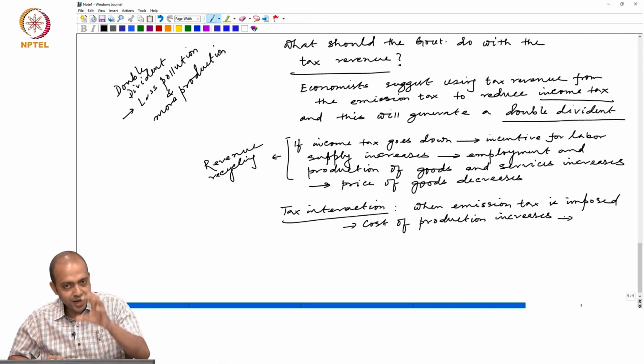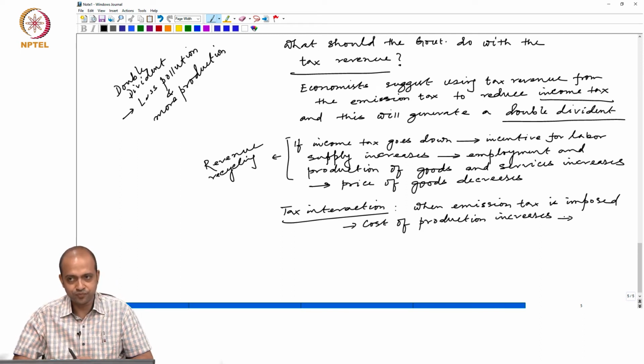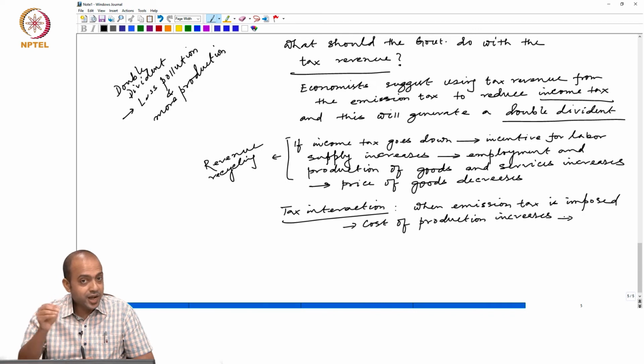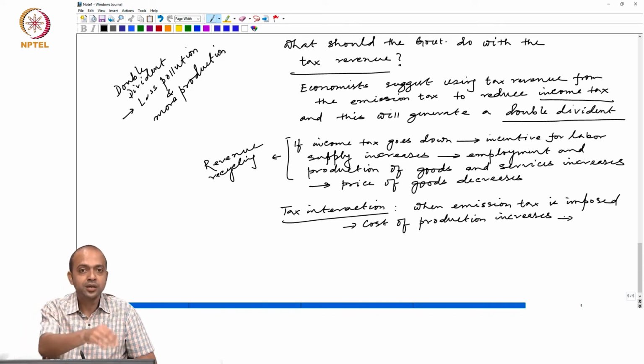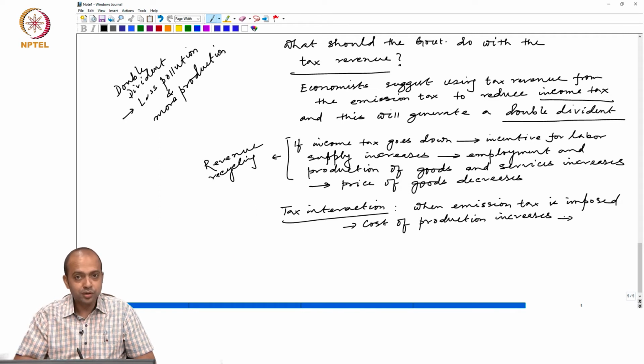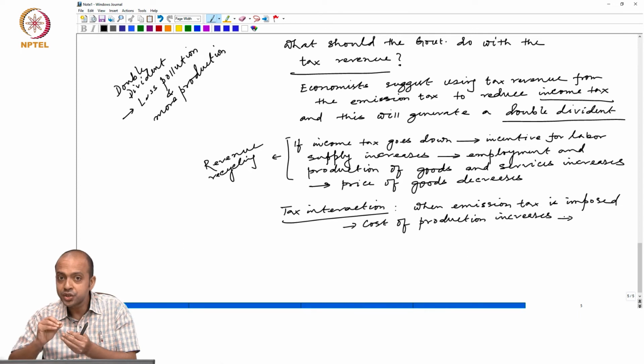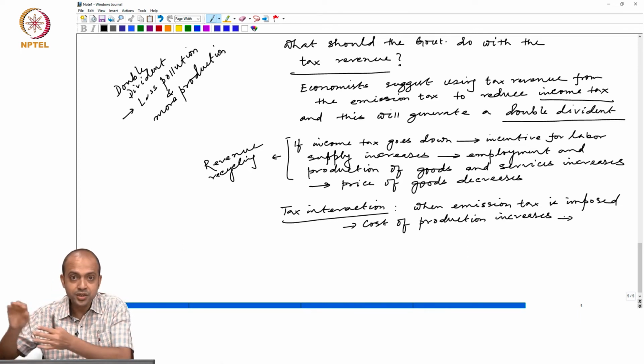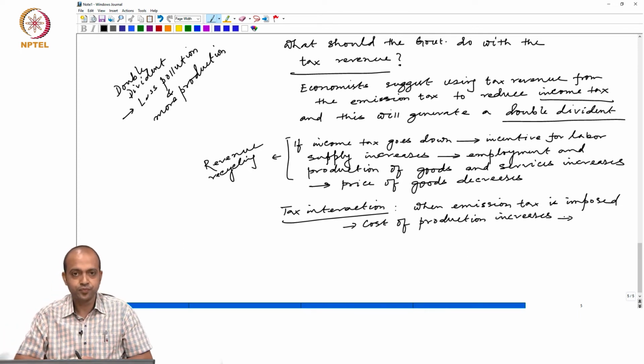That means, when a tax is imposed on the producer, the entire tax burden is not borne by the producer. They will try to bypass some amount of this tax on the consumer as well.